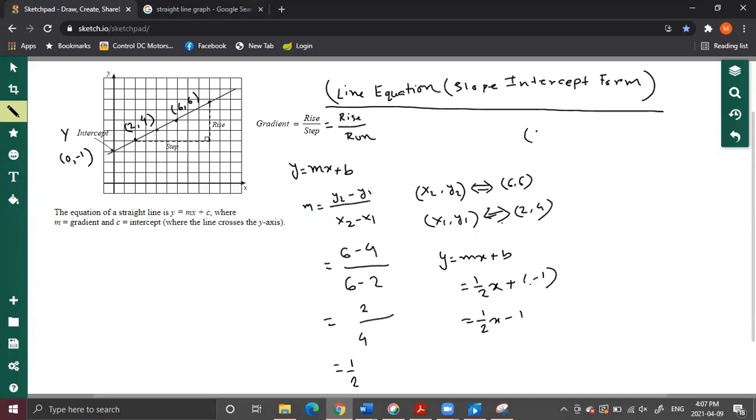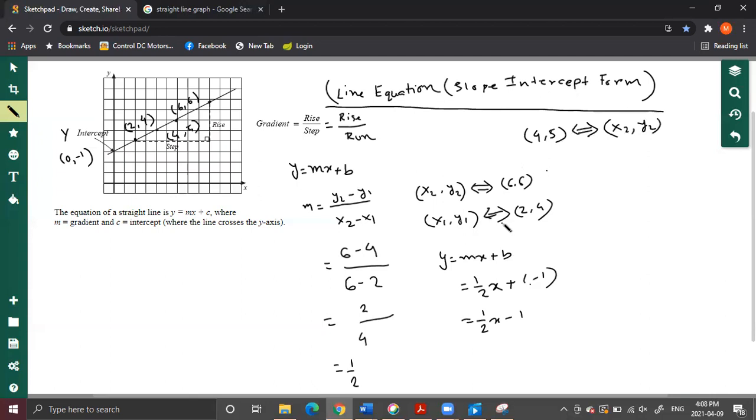So this is our new point, so let's label it (4, 5). So this will be our new x2, y2. Instead of using 6 and 6, we're going to use 4 and 5, and we'll see we'll get the exact same slope.